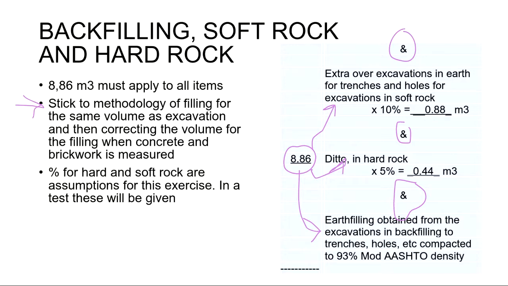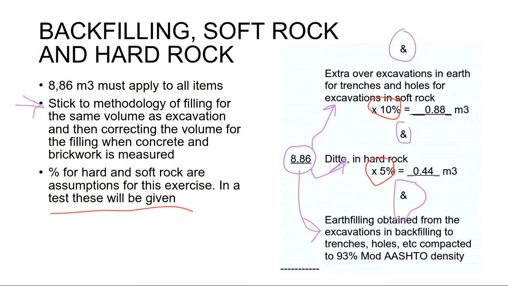Okay, then just another note over here. The percentages that I am using in this example, the 10% for the soft rock and the 5% for the hard rock, aren't particularly stated on the drawings, but I have stated here in a note that these are actually design requirements. They come from the geotechnical reports. They are interpreted by the engineer and passed on to the quantity surveyor for measuring.